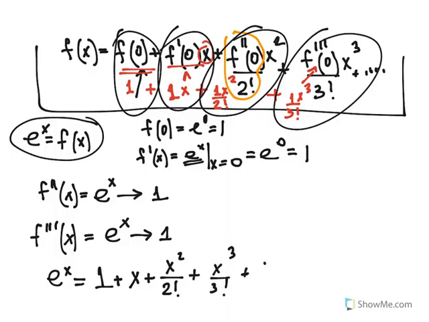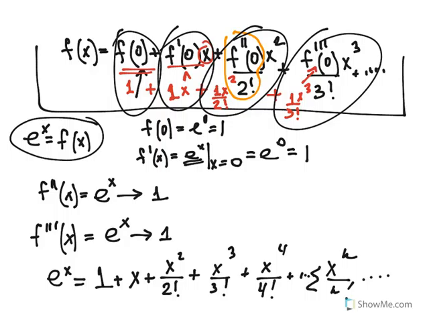Can you tell what's going to happen next? x to the 4th over 4 factorial, plus, can you write the general form? It's x to the nth over n factorial.